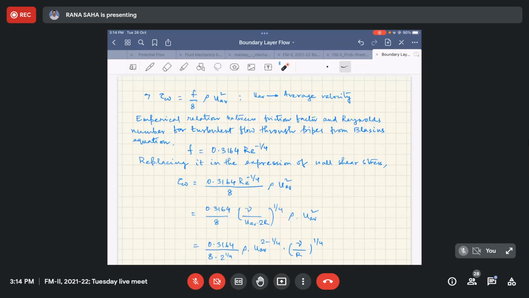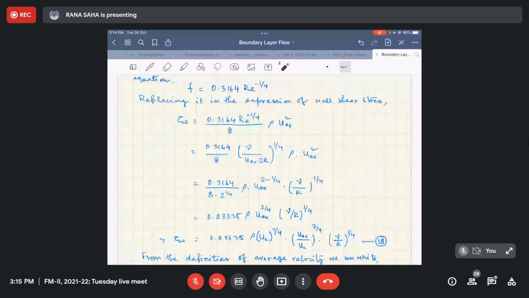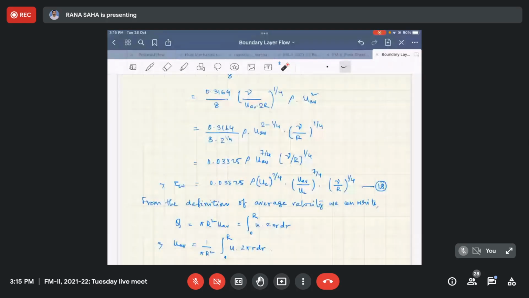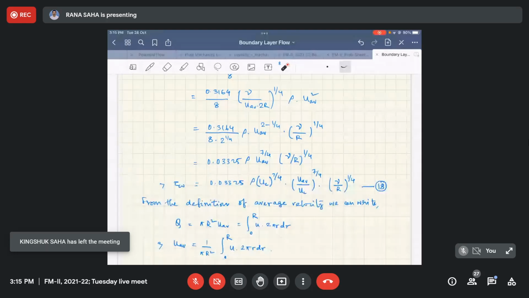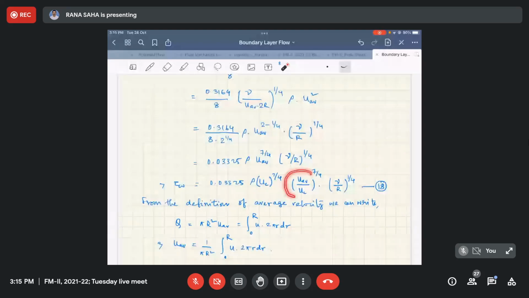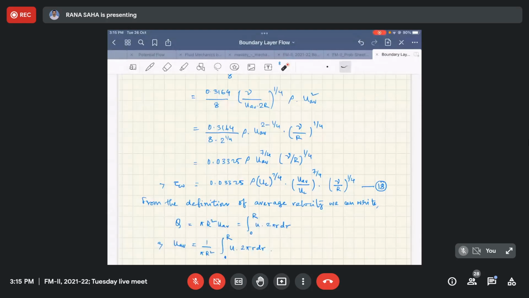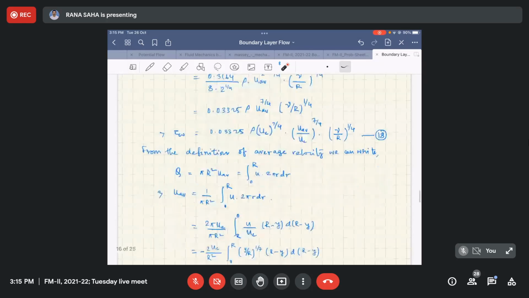Then, by expanding this Reynolds number in terms of kinematic viscosity, average velocity, and the diameter, that is twice R, and with some manipulation, we can get equation 18, which relates the wall shear stress with a ratio of velocity, that is U average, and UC, that is the center velocity, or the velocity at the axis of the pipe, and nu by R to the power 1 by 4.